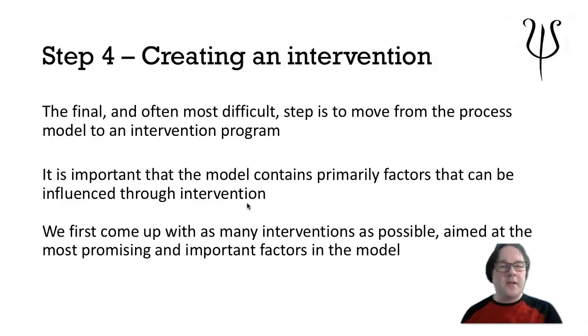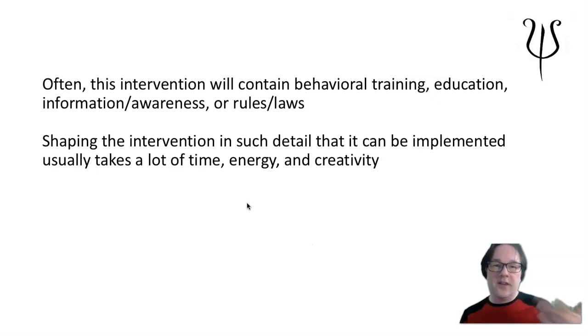We're ultimately going to have to pick one or two, maybe a handful of interventions that are going to have the most promise at reaching that outcome variable. So also we say creating an intervention, but also part of this is deciding on which intervention to go with. We usually have several potential paths or potential interventions. We're going to have to weigh the pros and cons of each.